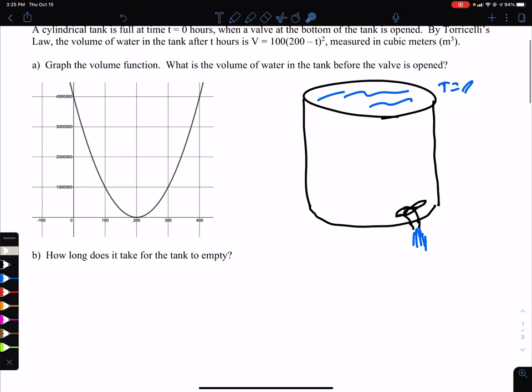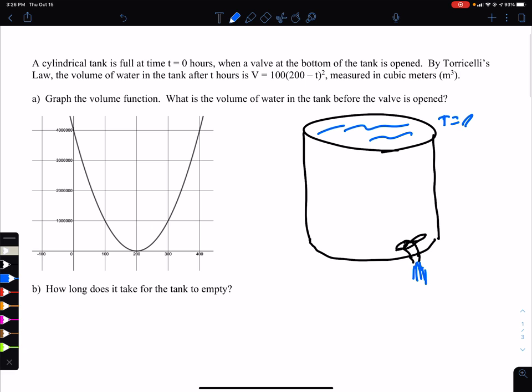So our first two questions are pretty much answered, but I want to do this algebraically as well as graphically. What's the volume in the tank before the valve is opened? You see it right there. That's at t equals 0. You can measure 4 million cubic meters of water.